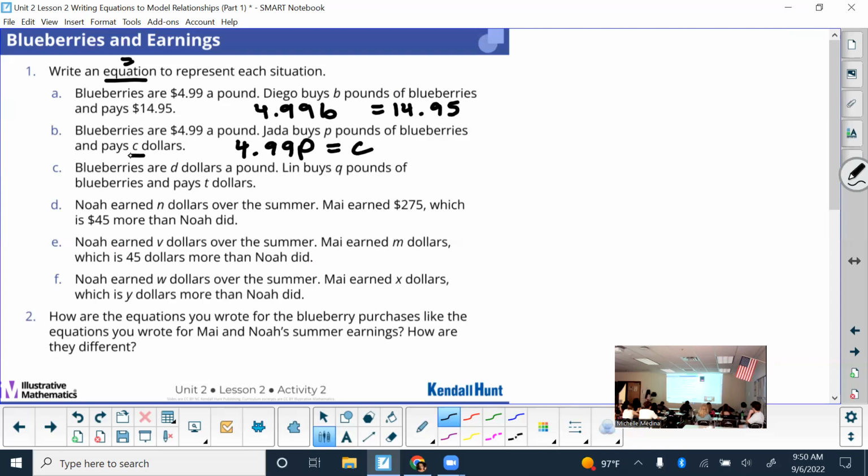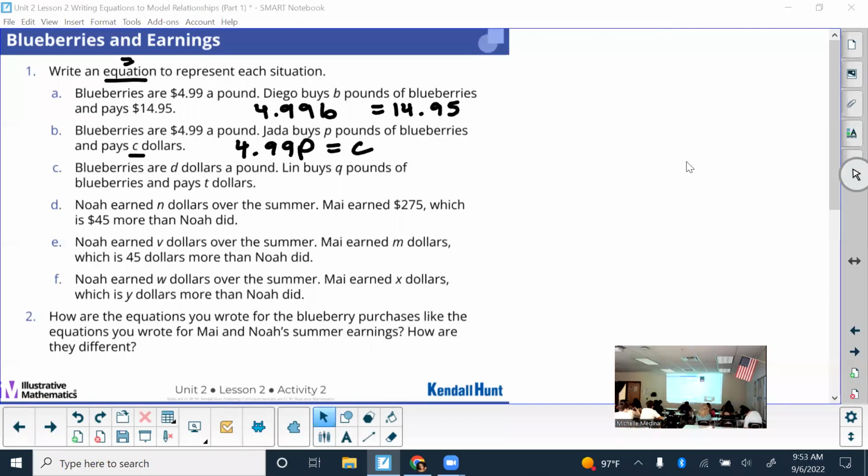Do you think you guys can try C through F on your own, and then we can go over them? All right, so try that. I'll give you about 2 minutes. Remember, equation should have equal signs. Think about what operations you need. You have 4 options: adding, subtracting, multiplying, dividing.